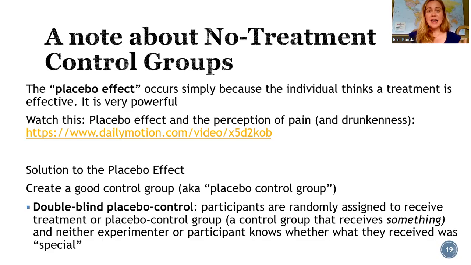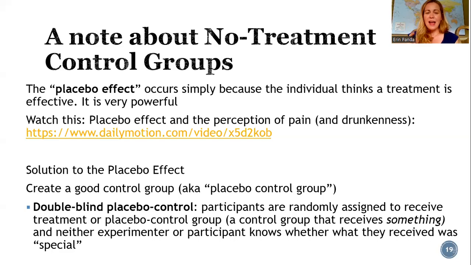In an ideal high quality experiment, we would do what's called a double-blind placebo control group. So in this case, participants are randomly assigned to receive our treatment of interest compared to receiving something that has the look and feel of the treatment. It's just some of the ingredients are different.